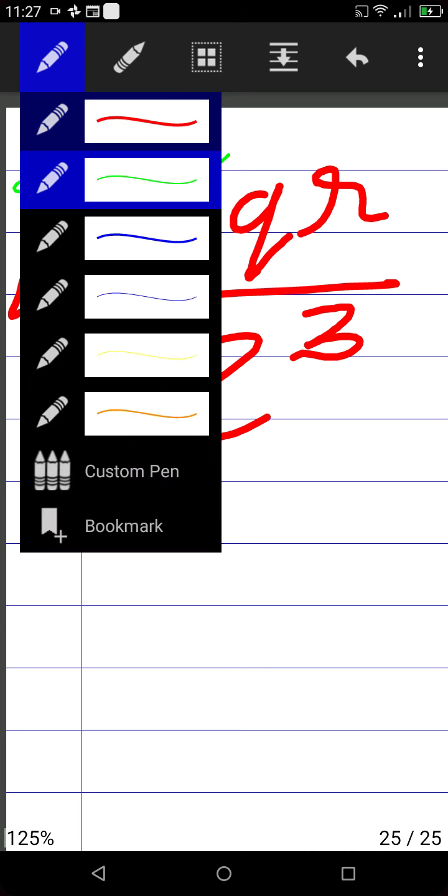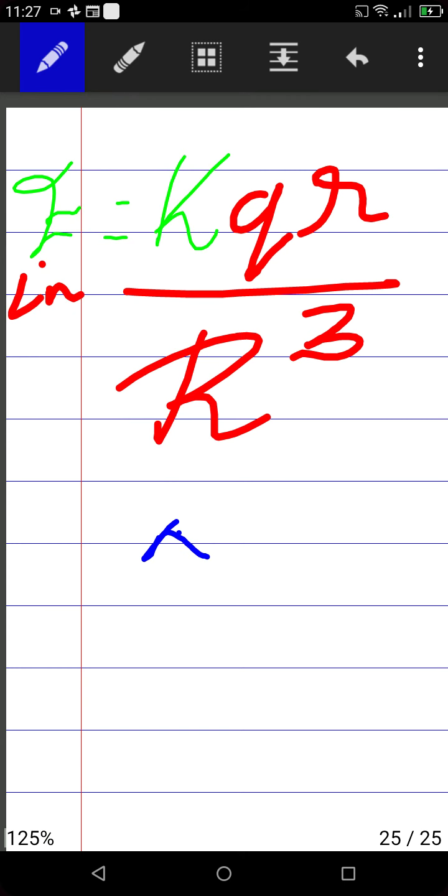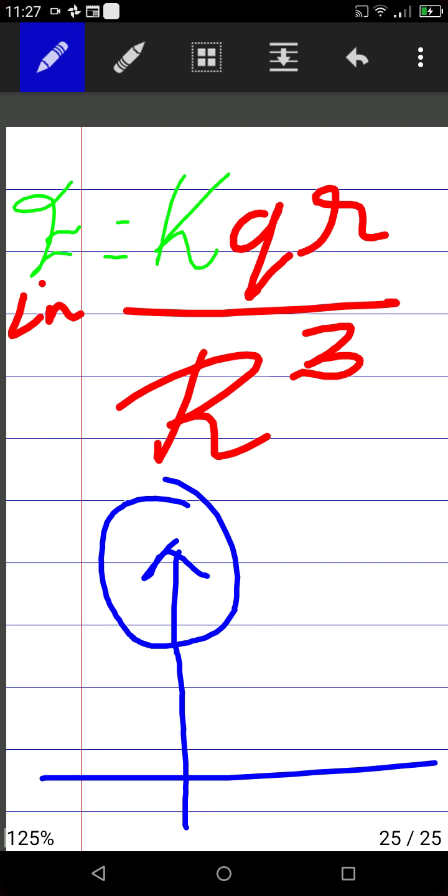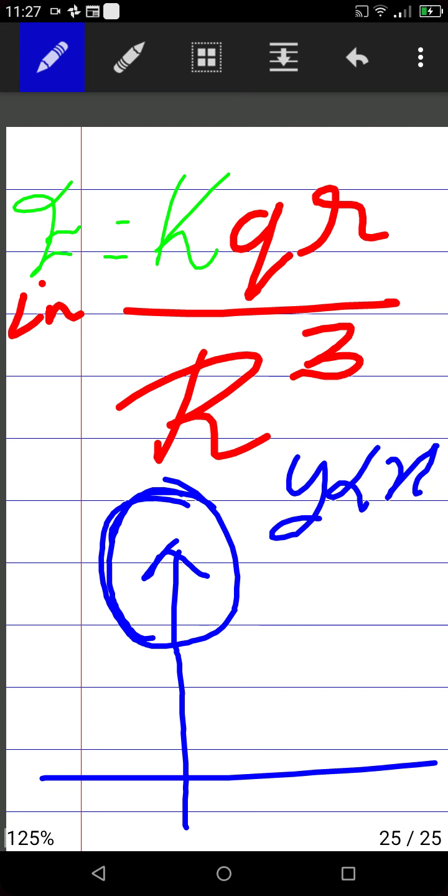Now we will see the graph. This is an insulating sphere. Inside this sphere, the electric field is not constant. E is directly proportional to r, meaning y is directly proportional to x, so this will increase like this.